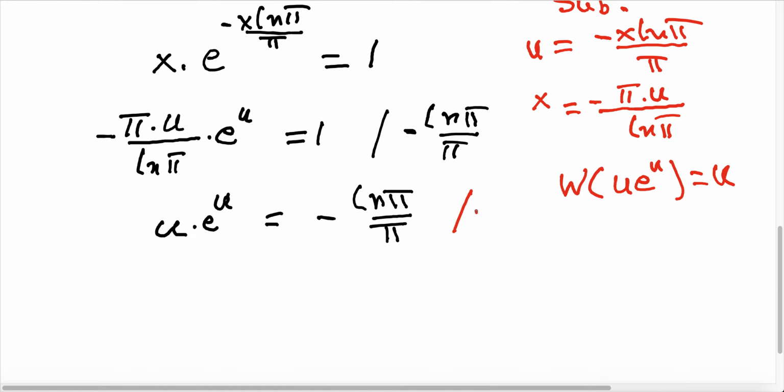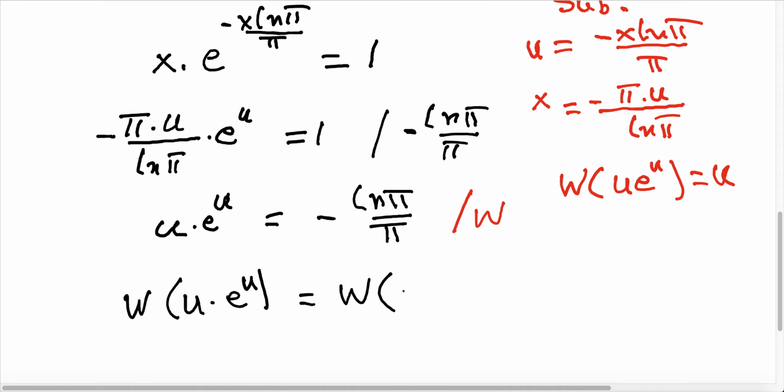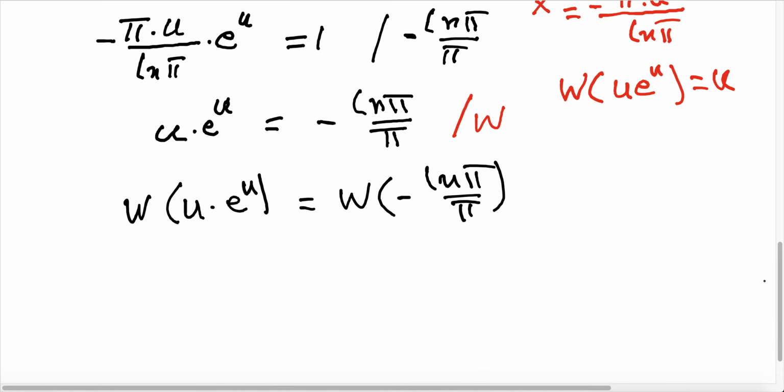And now we are going to apply the Lambert function to both sides. So u times e to the exponent u is equal to the Lambert function of minus ln pi divided by pi, both sides. And based on this form, we can get u is equal to W, the Lambert function of minus ln pi divided by pi.